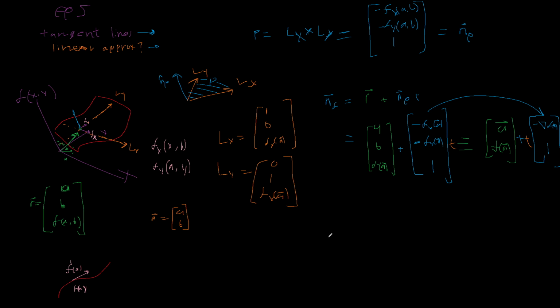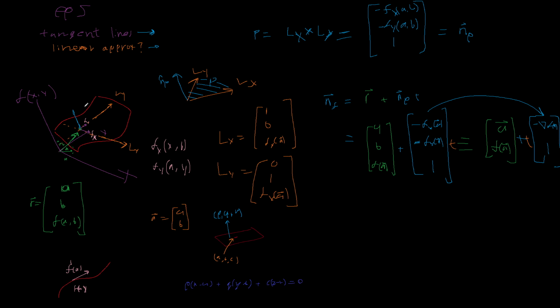If you recall, if we have a plane, and the plane goes through the vector a, b, c, and the normal vector to this plane is p, q, r, then we have this formula to combine them: p times x minus a plus q times y minus b plus r times z minus c equals 0.